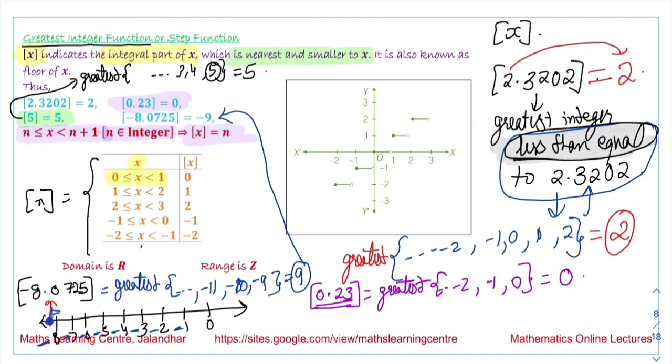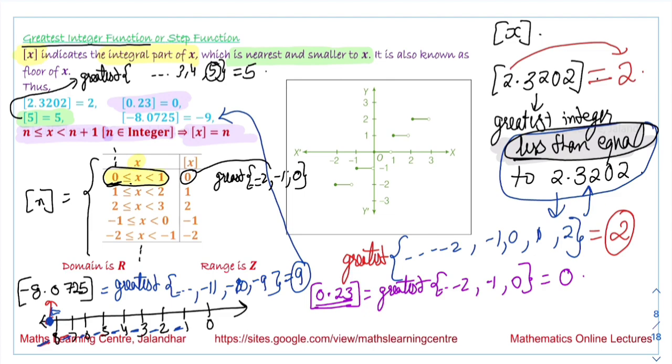You can write it in this form, continuing in this way on both sides. If the value of x lies between 0 and 1, with the equality sign over here, then for all these numbers we are talking about the greatest of the integers. They are 0, minus 1, minus 2 and so on, and the greatest of all these values is equal to 0.